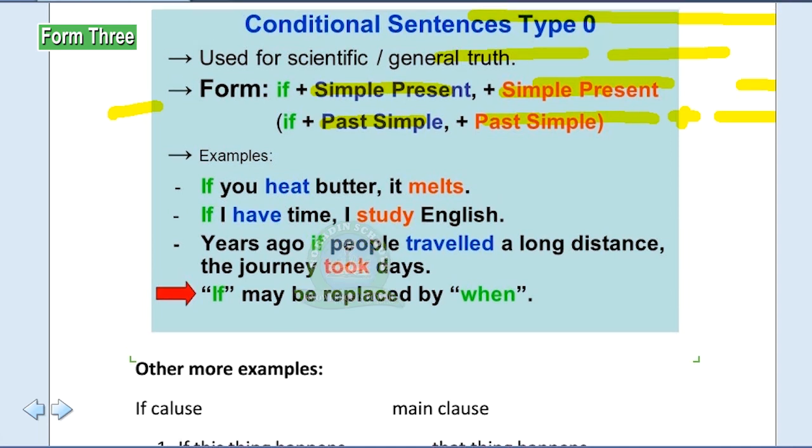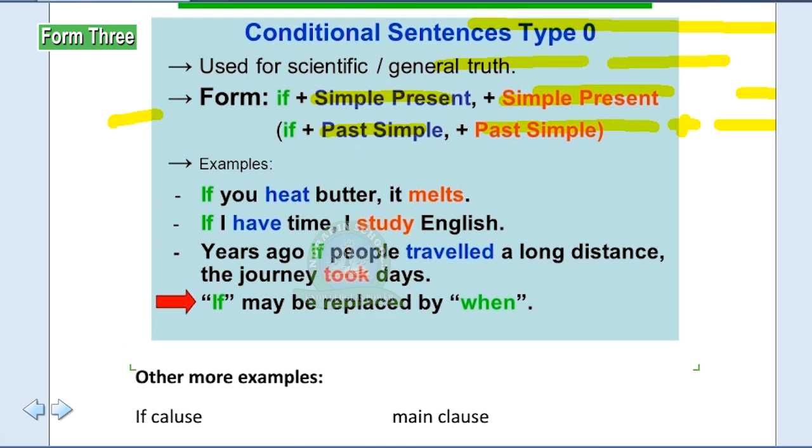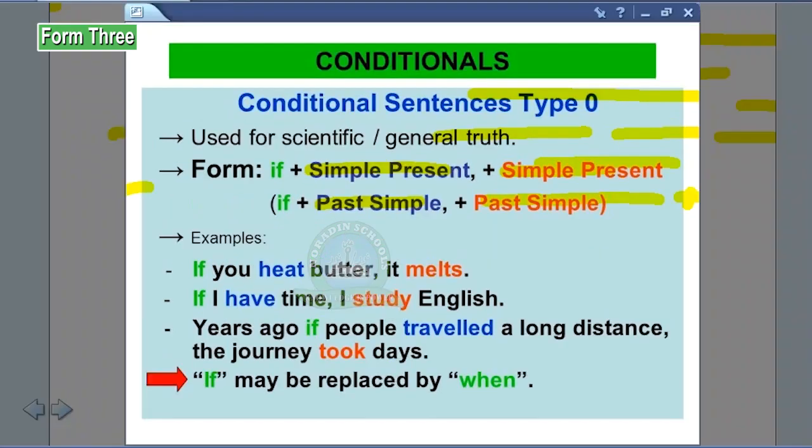As I said earlier, you always have a condition and result, or you have the if clause and main clause.